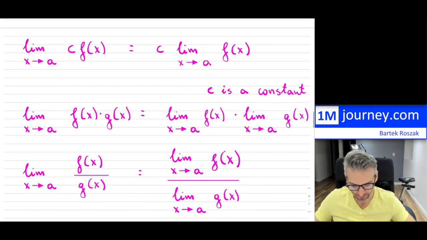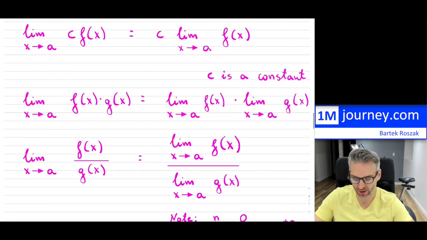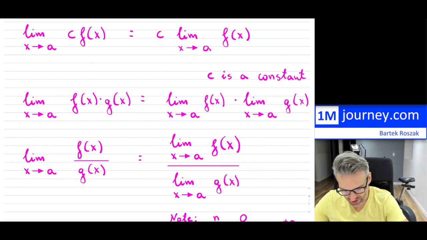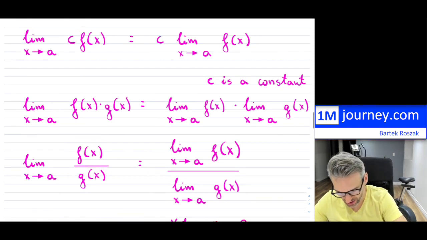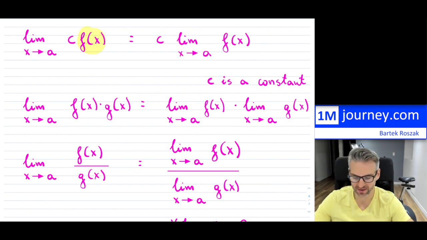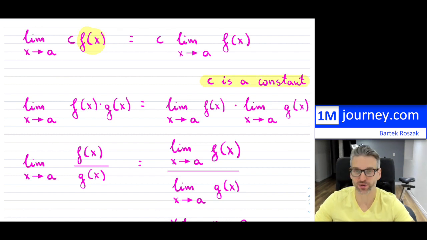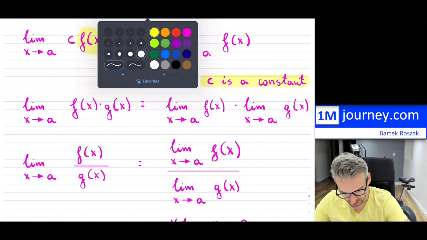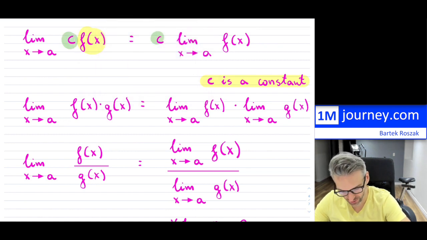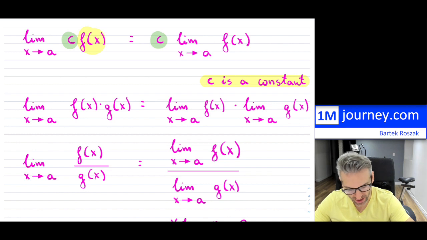Here are 3 properties that I would want to outline for you. Now, again, it may not surprise you. Notice if I have a function right here, and I know that this limit exists, and I multiply this function by some constant c, maybe some number like 2 or 5, some particular fixed number, then it turns out that you can bring that constant outside and bring the limit inside.